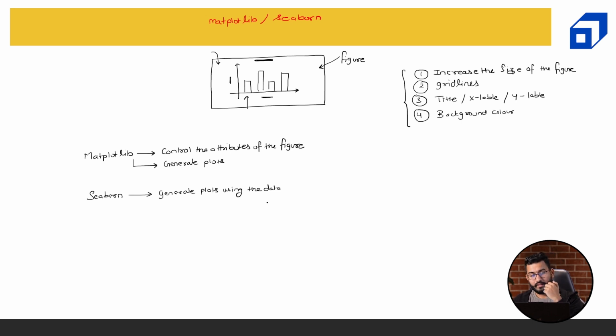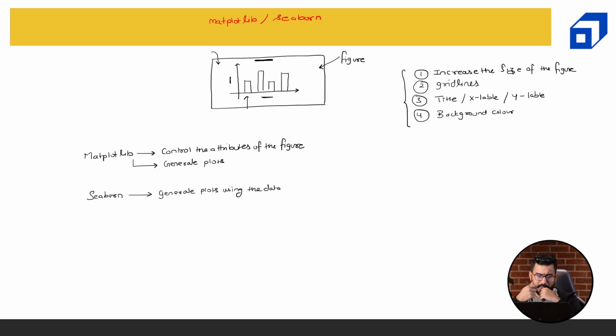So if I have the task to do anything with the background, which is my figure, I cannot do that with Seaborn. If I have to generate a box plot, bar chart, histogram, line chart, maybe any kind of plot, then Seaborn can help you. But if you have to do anything with the background, the figure, you have to use Matplotlib.